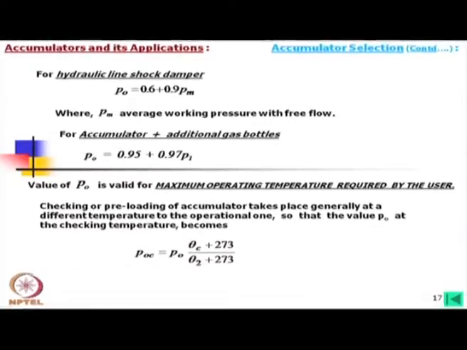Checking of preloading of the accumulator generally takes place at a different temperature to the operational one, so that the value P0 at the checking temperature becomes P0 into (theta c plus 273) over (theta 2 plus 273).